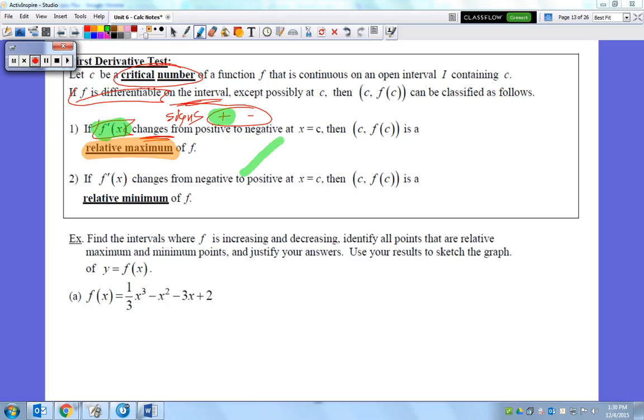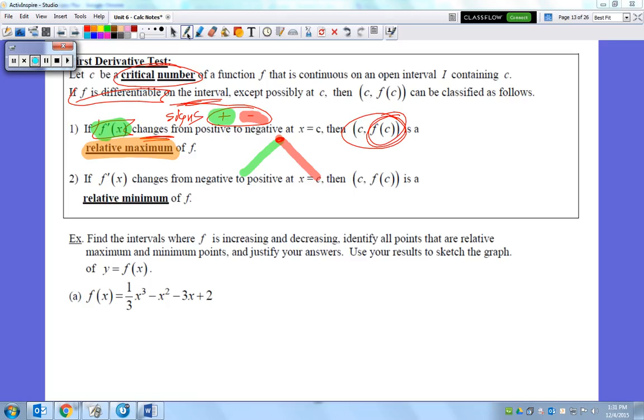If the derivative is negative, what did we say f of x is doing? Decreasing. Do you notice how this, true or false, has to exist? True. It has to exist at a point, otherwise it doesn't have a y value that is showing you that is the relative max. Okay?